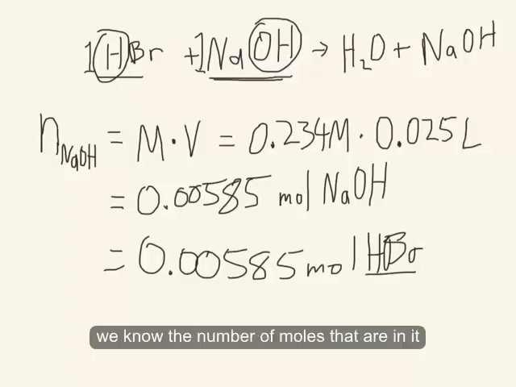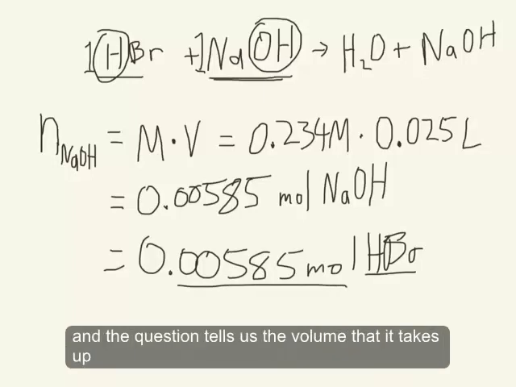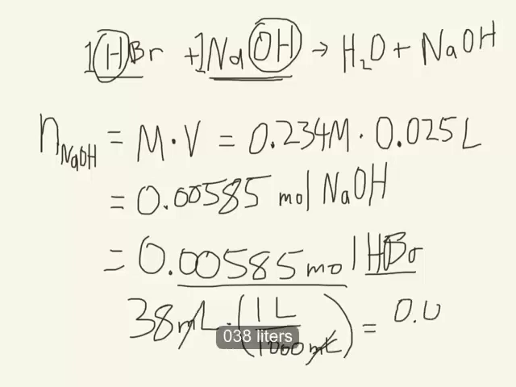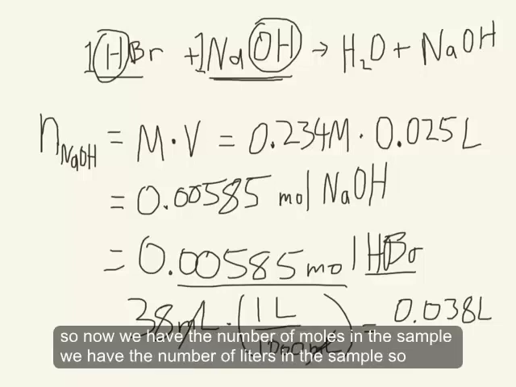We know the number of moles that are in it, and the question tells us the volume that it takes up, which is also 0.038 liters. So now we have the number of moles in the sample, we have the number of liters in the sample, so we can easily find molarity because molarity is moles per liter.